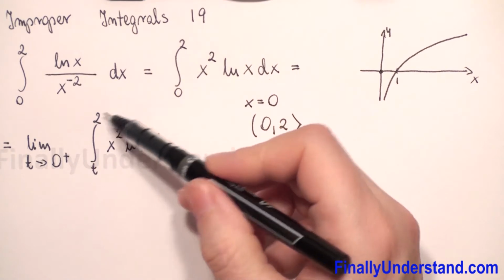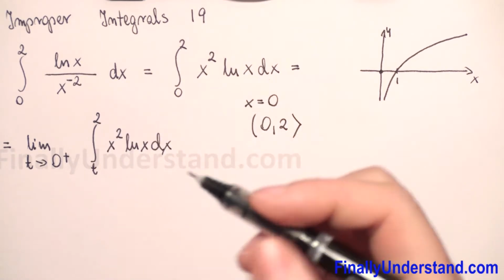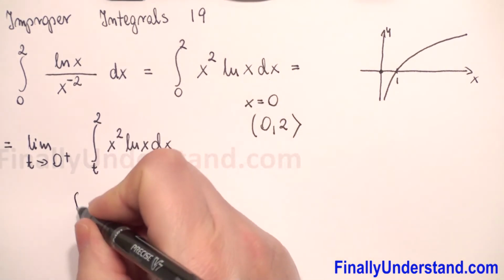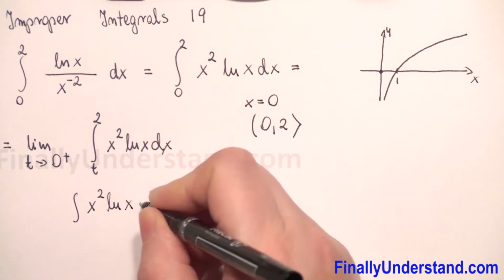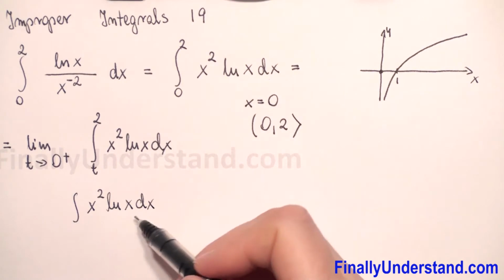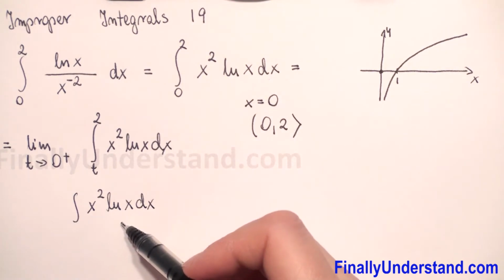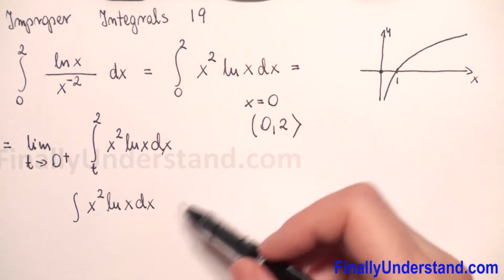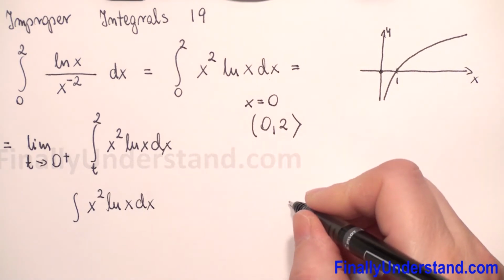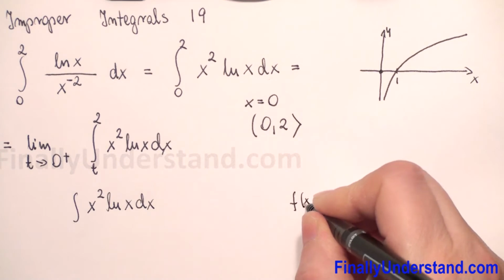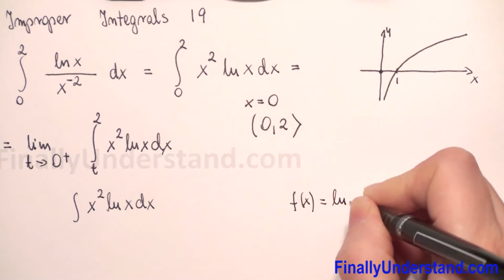So now we have to find this integral first. Let me copy. We have integral of x squared natural logarithm of x dx. Because we have natural logarithm, we will integrate by parts. We want to reduce natural logarithm, so we will put that f of x is equal natural logarithm of x.